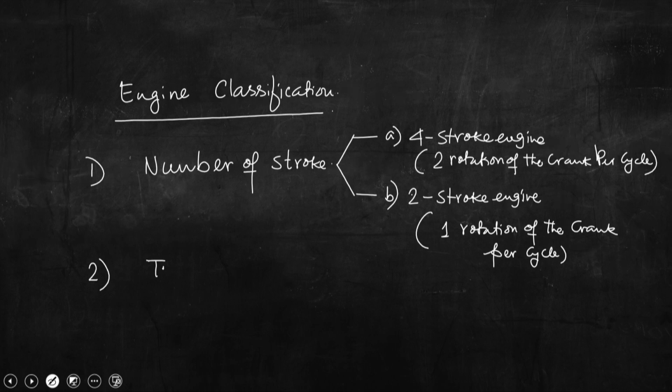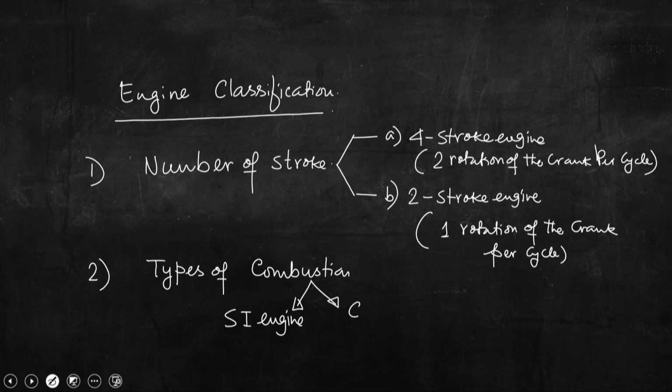Second, which is very important, is the types of combustion. Based on this point, again the engine can be classified into two subcategories. One is the SI engine and the other is the compression ignition or CI engine.